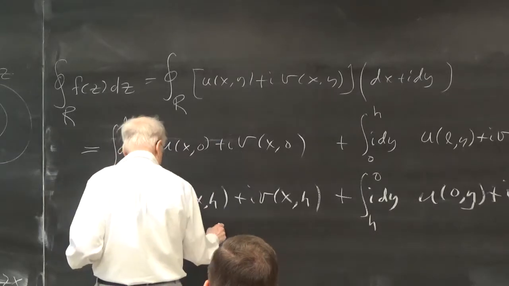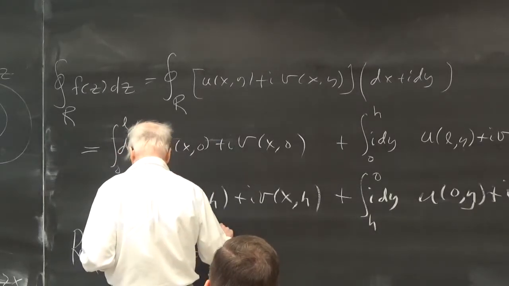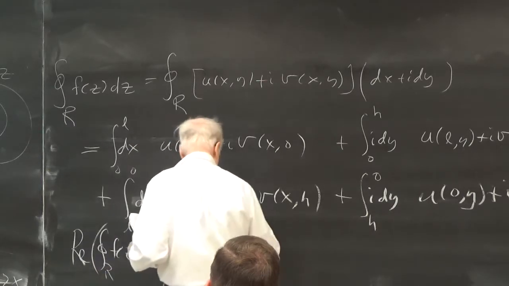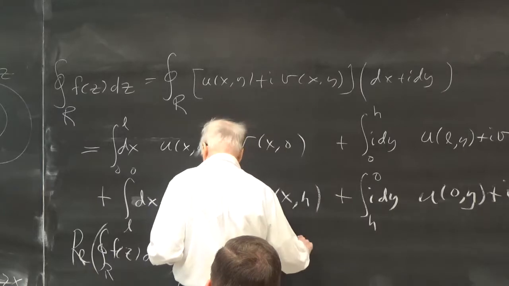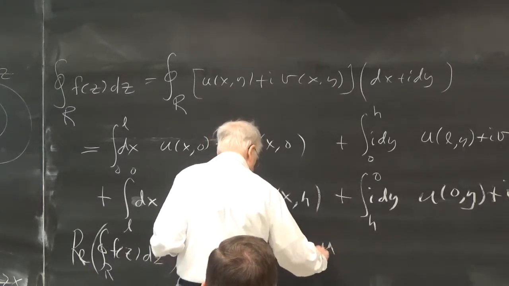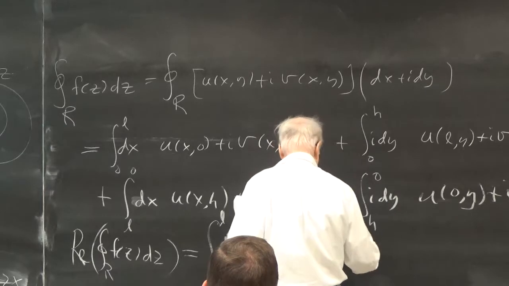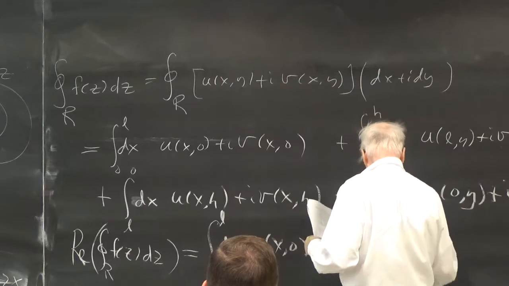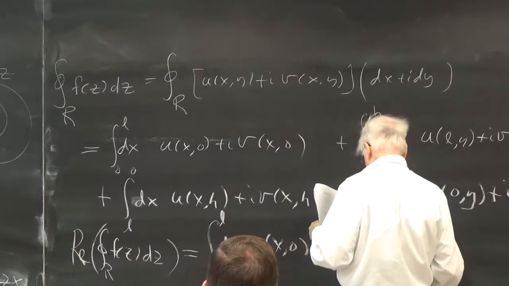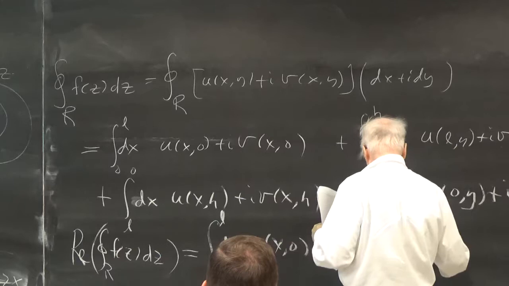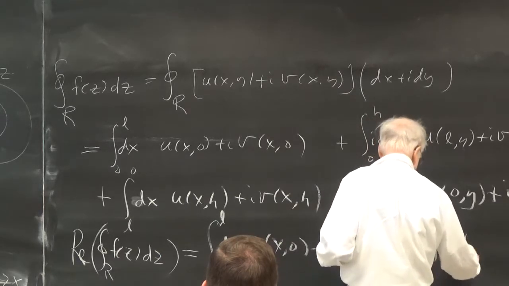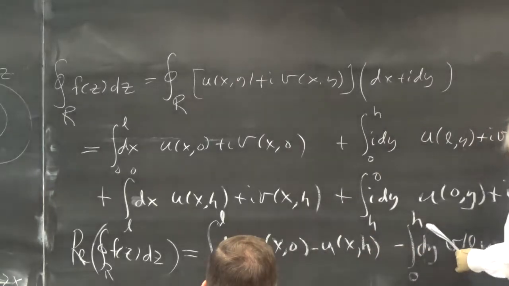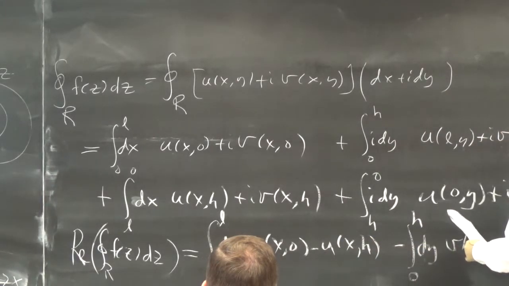And so it's going to be an integral 0 to L dx of u of x and 0 minus u of x and h, and then minus the integral 0 to h dy of v of L and y minus v of 0 and y.